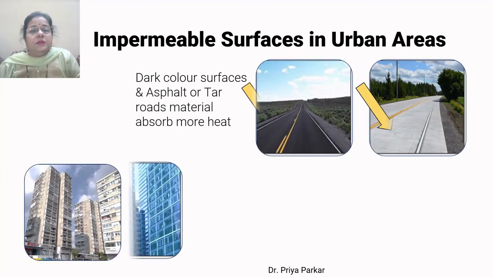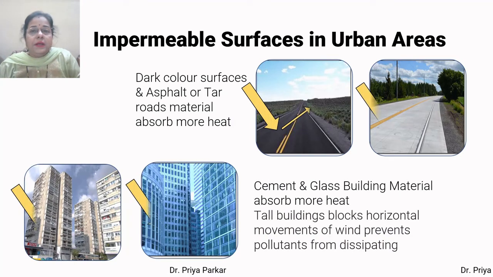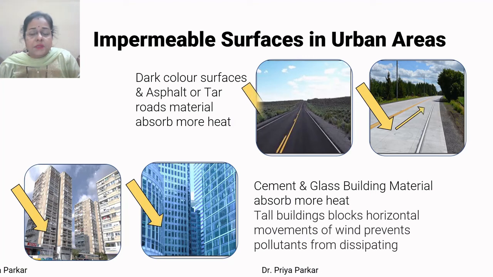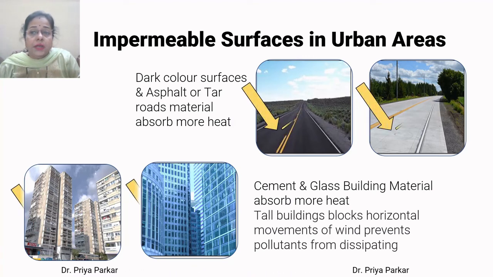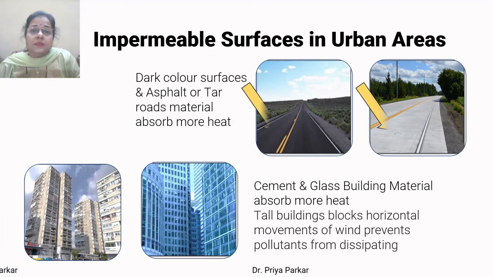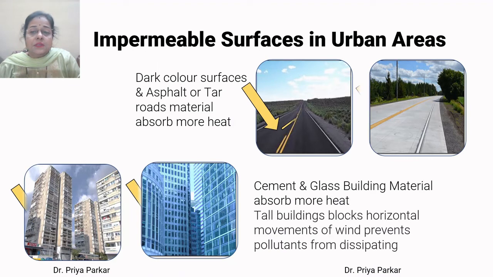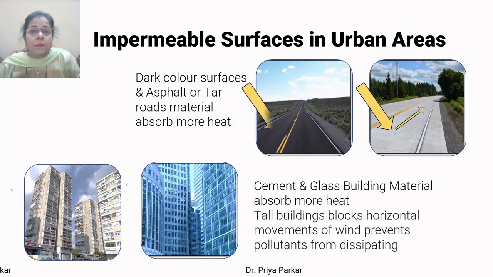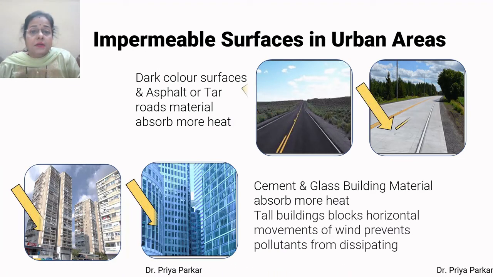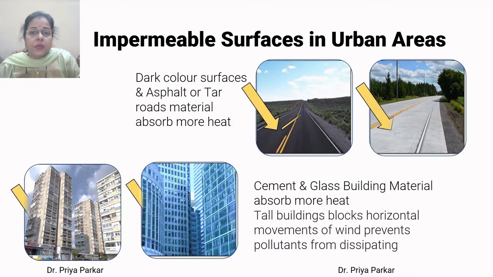Tar roads and tall cement concrete and glass buildings are common in the urban areas. Dark color surfaces absorb sunlight as heat energy during the day and slowly release the heat overnight. Urban landscapes have surfaces made from impermeable materials like tar, cement or glass.